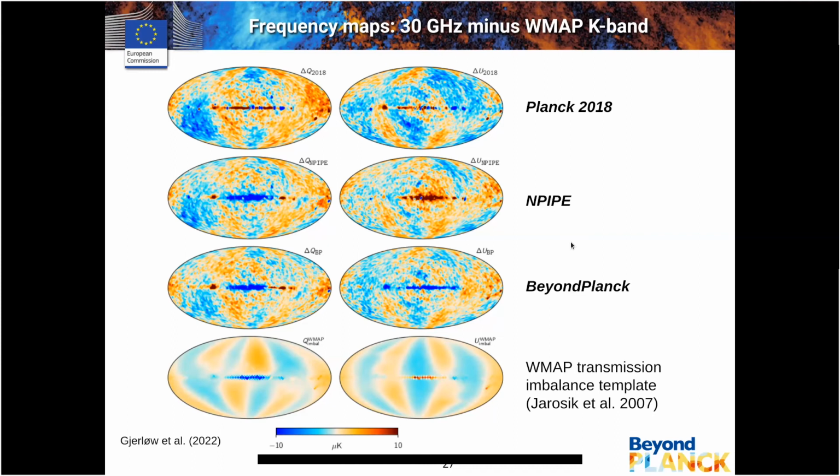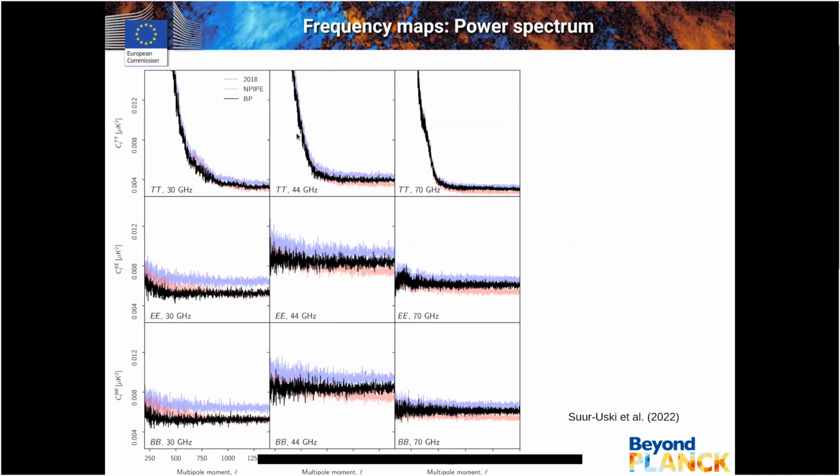So these are the power spectra of our frequency maps. You can see that we have very flat noise because we are modeling and correcting for our noise. Because we have a sky model that is joint between all three of our channels, it allows us to use information from various frequencies to correct for noise in other frequencies.